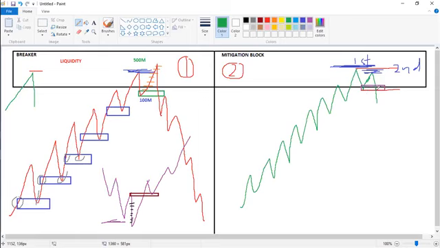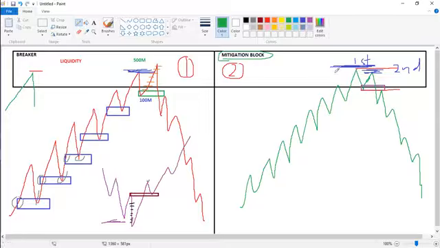And this order block that they used to buy is now in loss. They need to close it at break even. Price comes back to the order block, which is now what we call a mitigation block. It's no longer an order block, it's now a mitigation block. Then we sell, then price goes down.